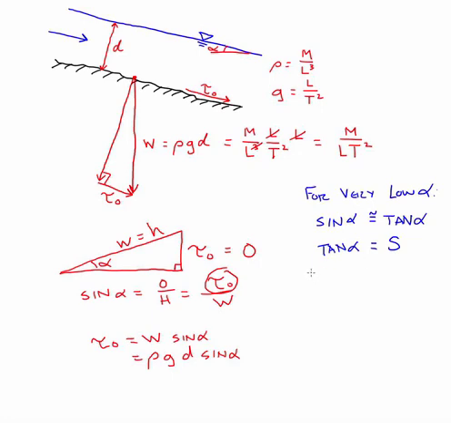So we can actually rewrite our equation as tau naught equals rho g d s, for the slope, rise over run.